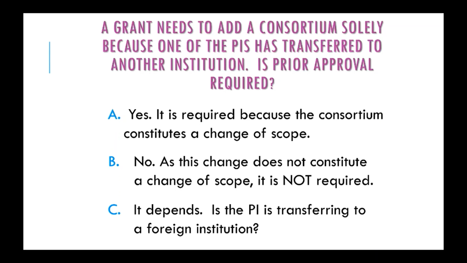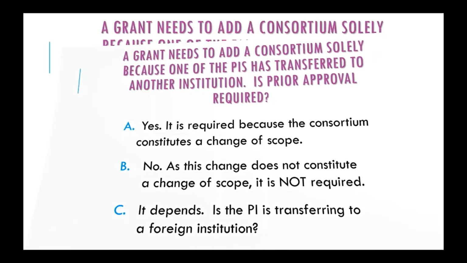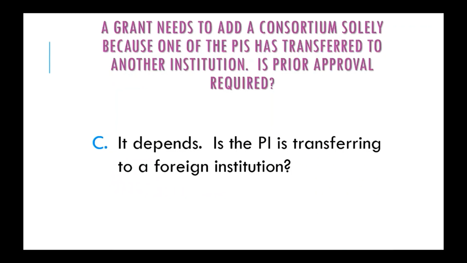Okay, I'm seeing the predominance of C. It depends is the choice. And the answer is, it actually is, it depends, but not necessarily for the reason that you think.